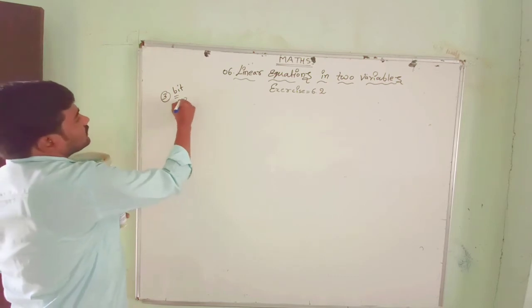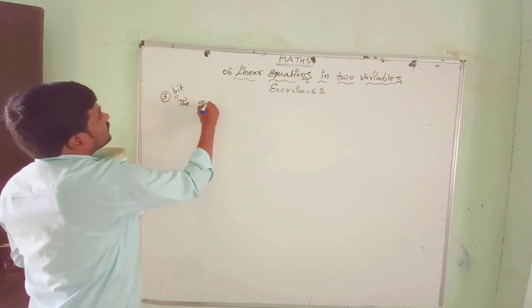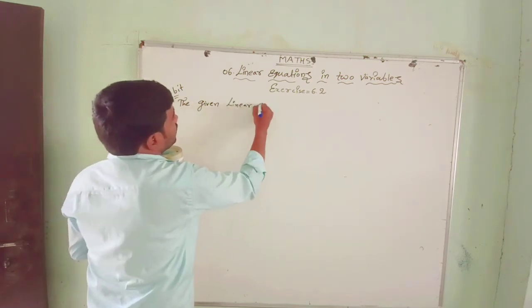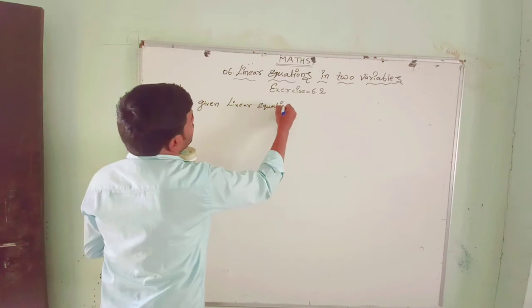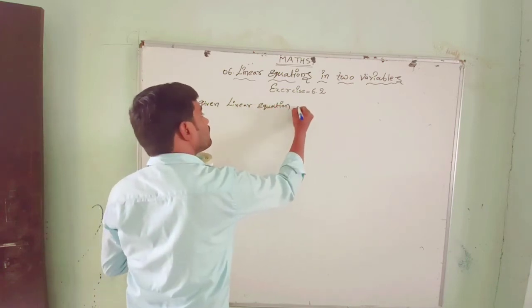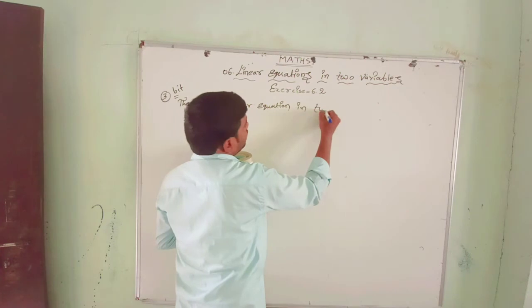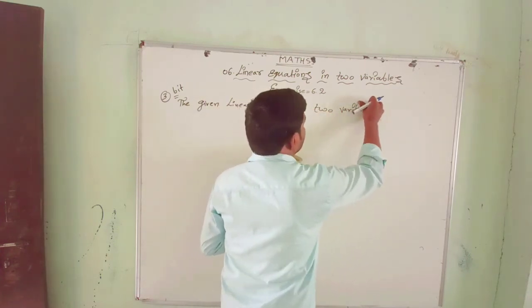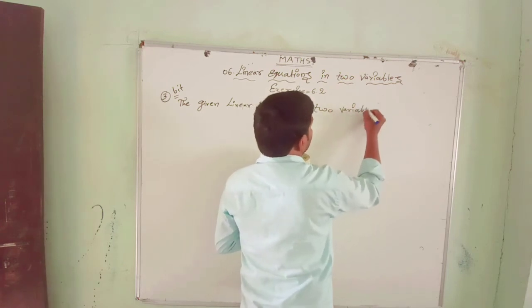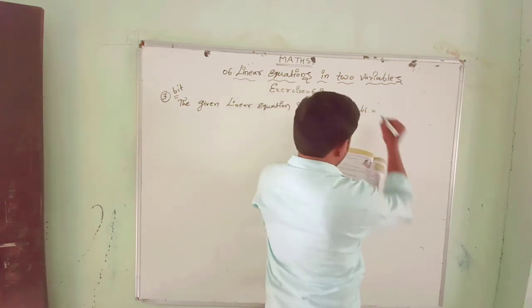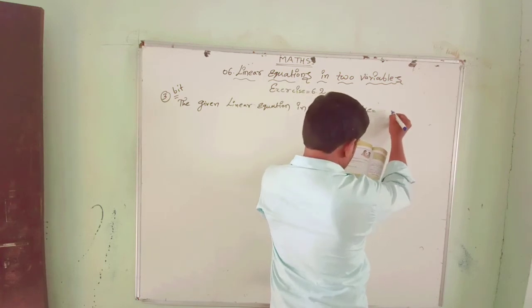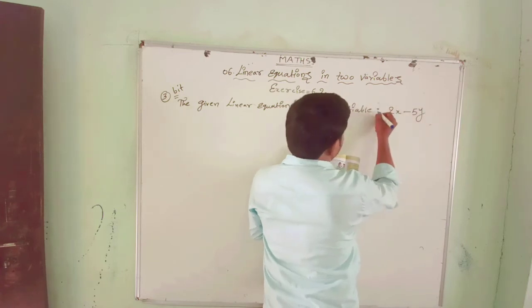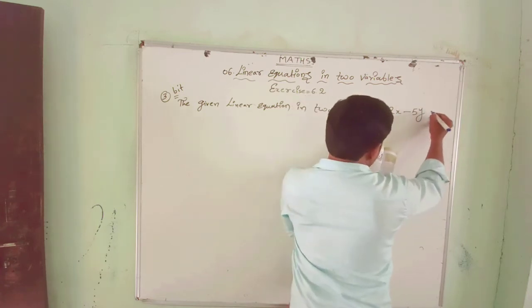The given linear equation in two variables is 2x minus 5y equal to 10.